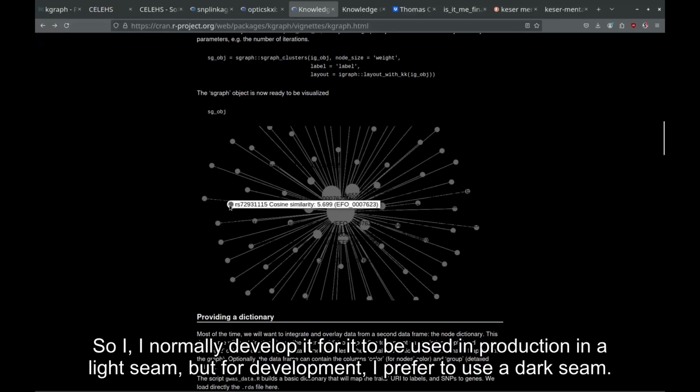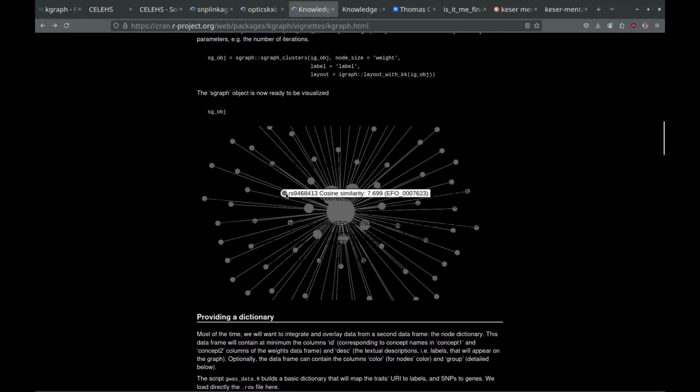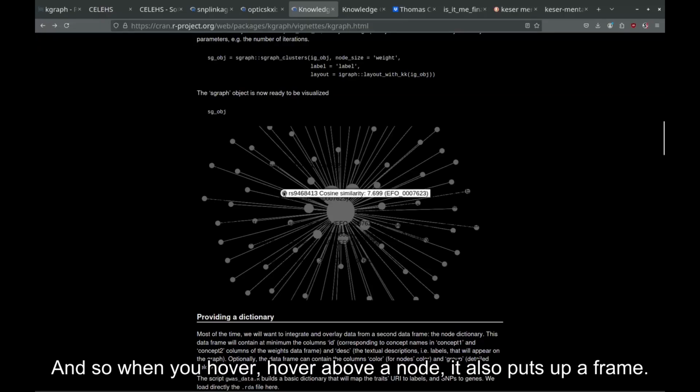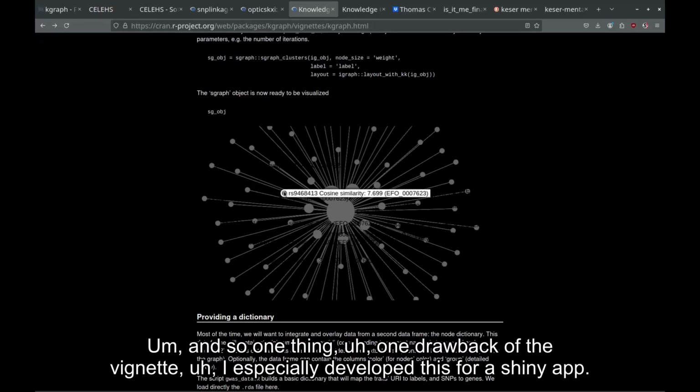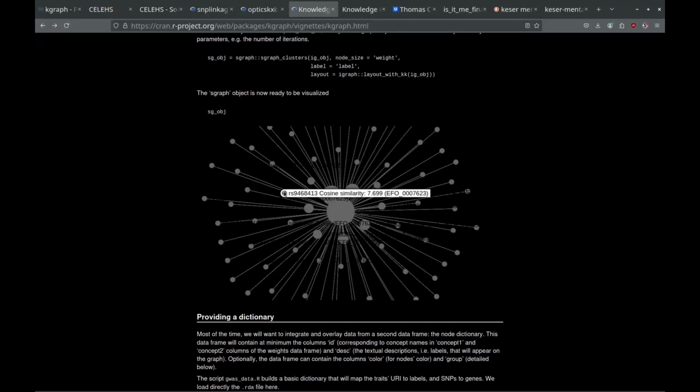I normally develop it to be used in production in a light theme, but for development, I prefer to use a dark theme. And when you hover above a node, it also puts up a frame. And one drawback of the vignette: I especially developed this for a Shiny app.